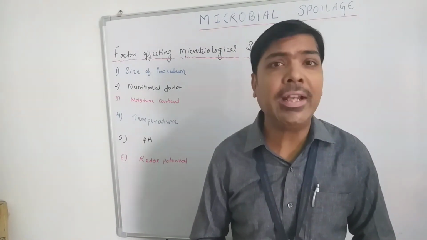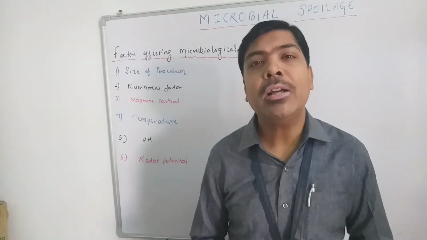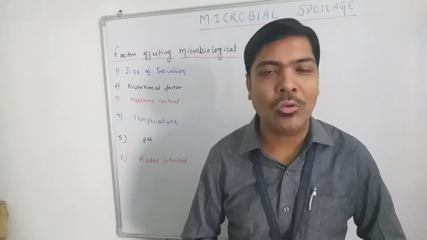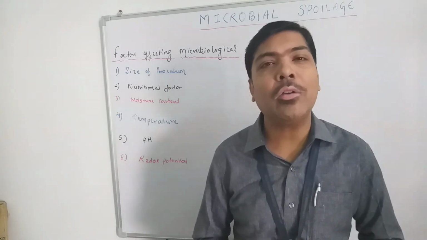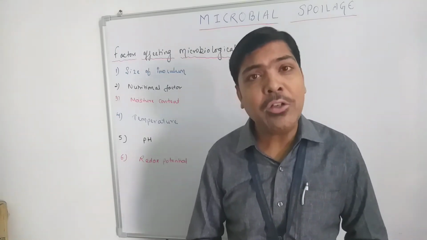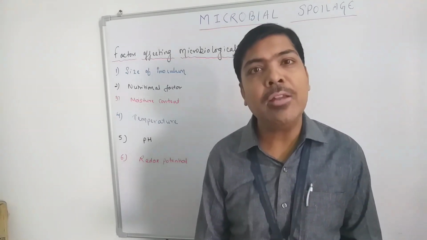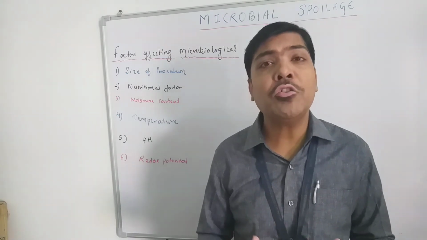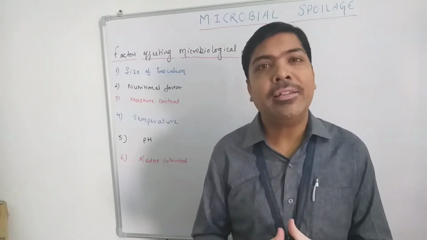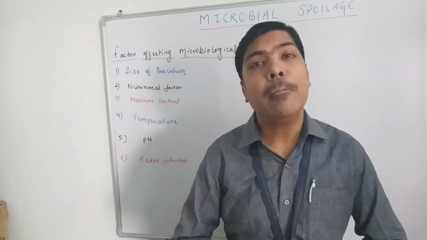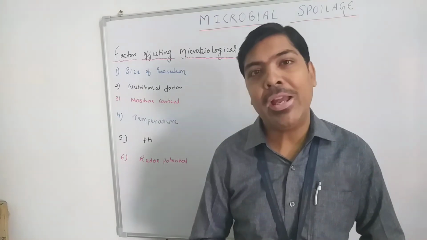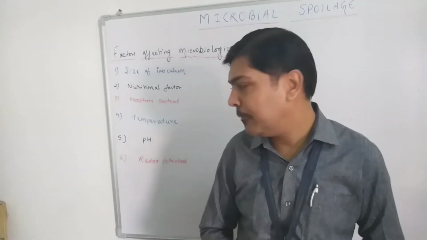But we should not forget that various microorganisms can also grow in these extreme conditions, like molds. Molds can easily grow in an acidic environment. So again, if we are formulating a preparation, we need to think about what should be the suitable pH and what microorganism can easily grow in the preparation. Accordingly, we need to adjust the pH of the formulation.